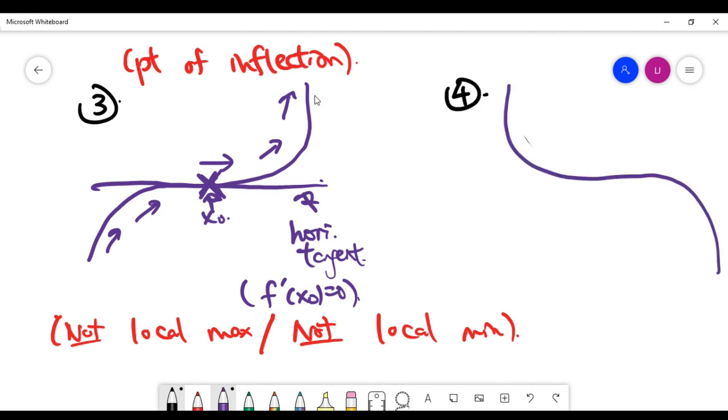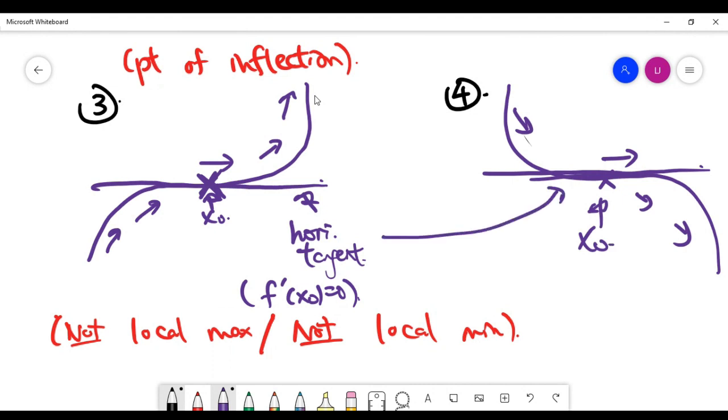We can look at picture number 4. Pictures 3 and 4 are quite similar in the sense that you're not changing your direction at all. If you travel from the left side to the right side in picture 4, you're going down all the time. But just at this particular moment, you're traveling in a horizontal direction. The same thing happens at this point.